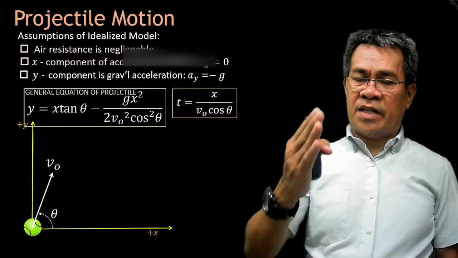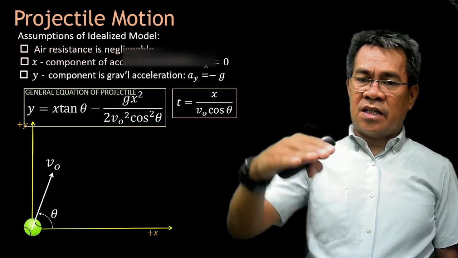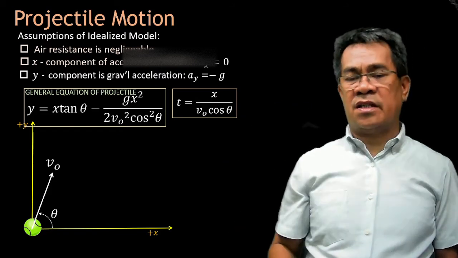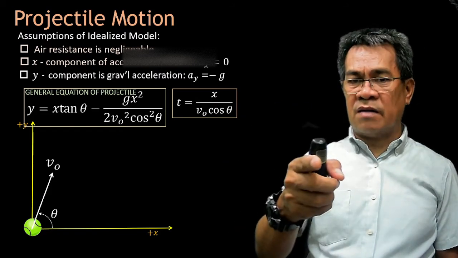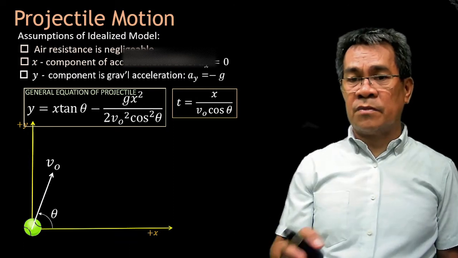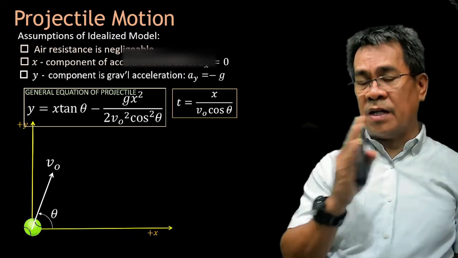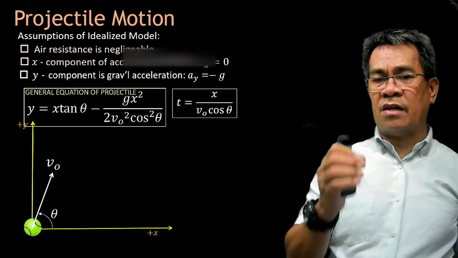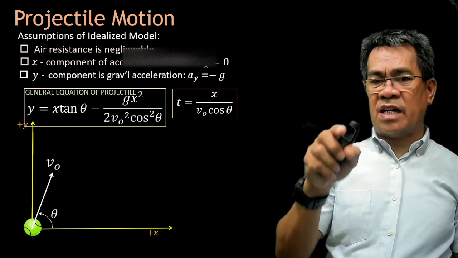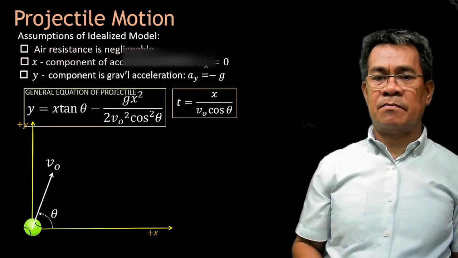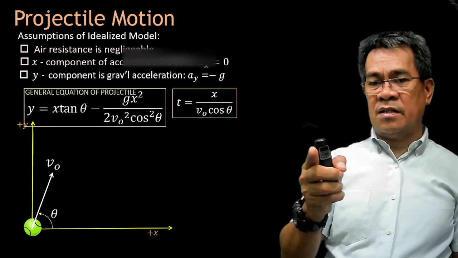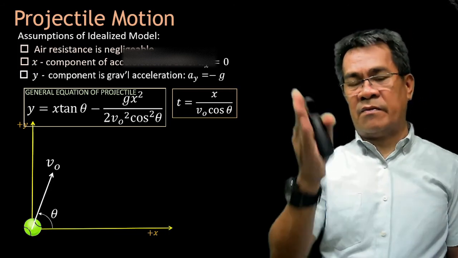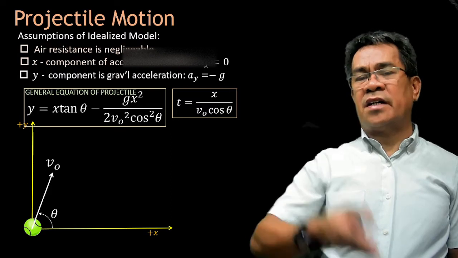Now, if the initial velocity is directed towards, for example, the fourth quadrant in the Cartesian plane, then the angle theta becomes negative. So if you use that formula, be careful with the angle of projection, because the angle of projection is always measured from the x-axis towards the direction of the velocity.